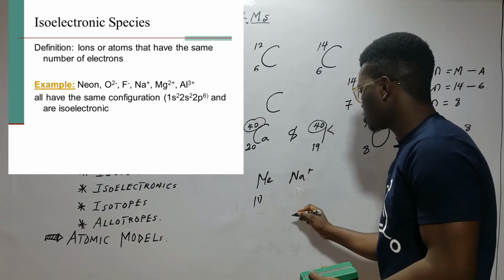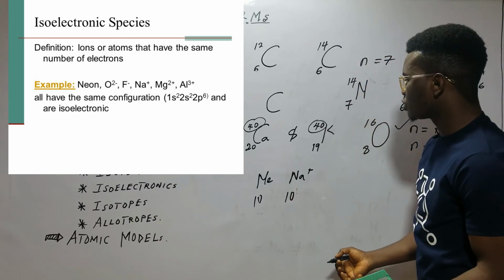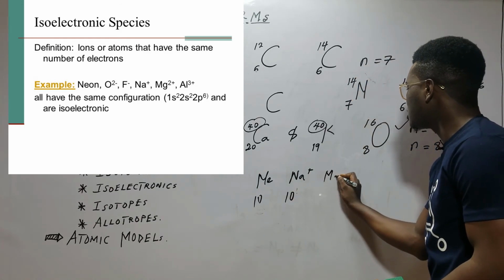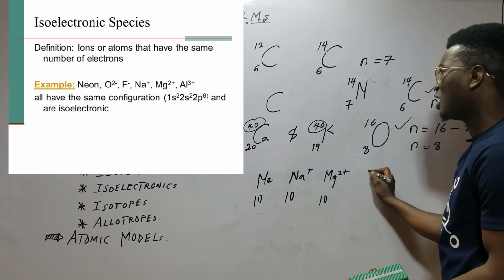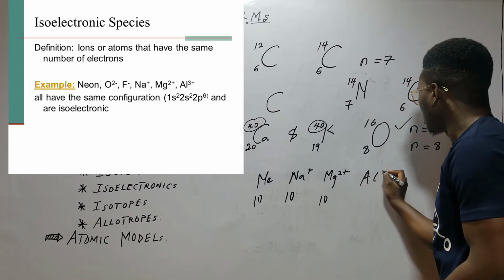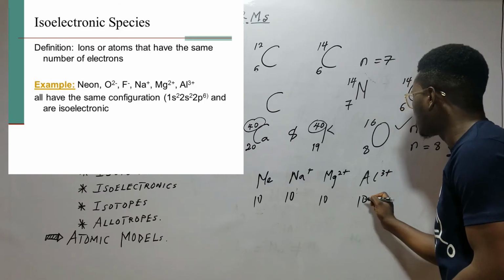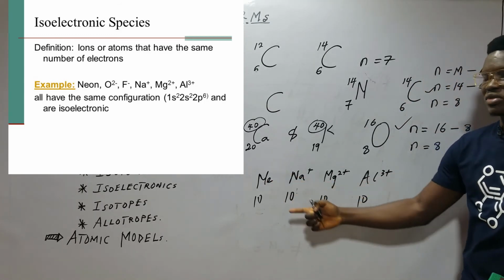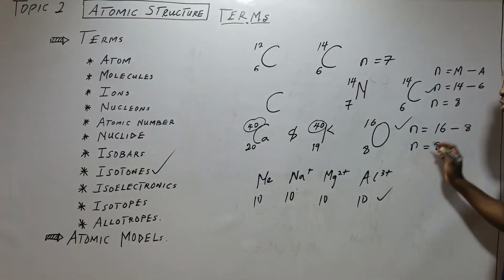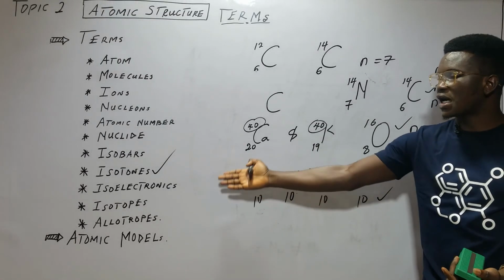Sodium, Na+, as we did before, has 10 electrons. Magnesium ion has 10 electrons. Aluminium ion has 10 electrons. Can you see all these ions and this atom exhibit the same number of electrons? So they are called isoelectronics.